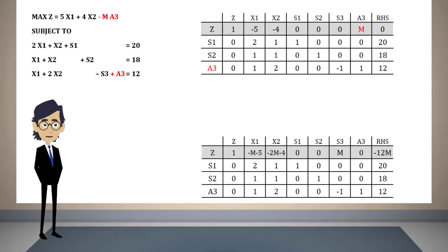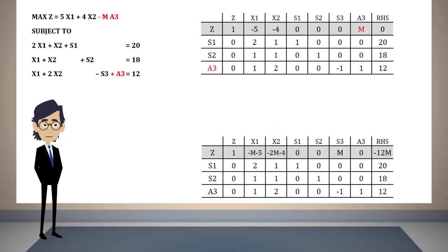Recall that M represents a very big value, for instance 1 million. Therefore, when we scan the objective function row to look for negative values, we find 2 values. And the smallest of them is -2M-4. Now, we know that the variable x2 must enter the basis, and we must find the leaving basic variable.